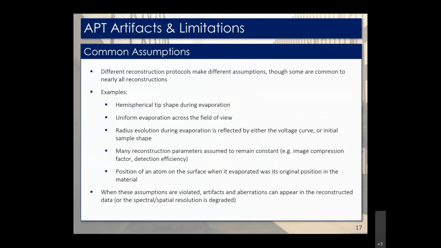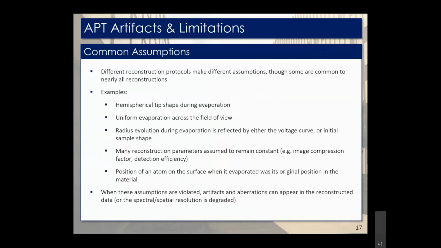So we assume that that initial departure position represents the initial position within the material. In actuality, what can happen is, especially for very mobile elements, that when they're exposed to the sample surface and by evaporation of the atoms on top of them, they might move a position or two, roll up onto different positions, especially in high field areas.